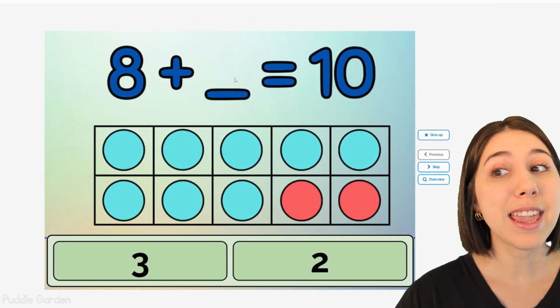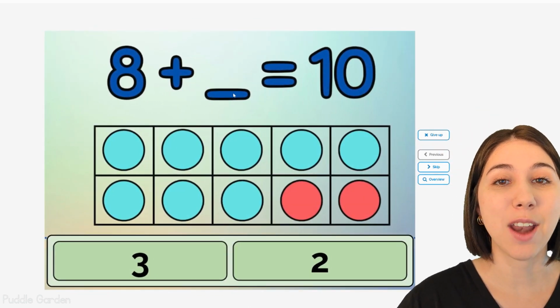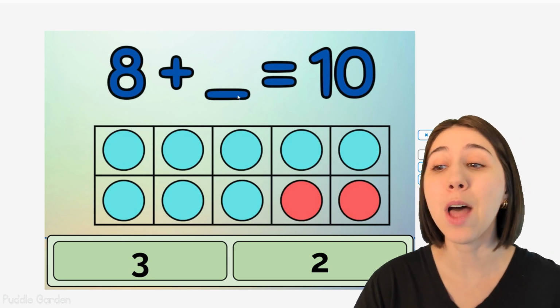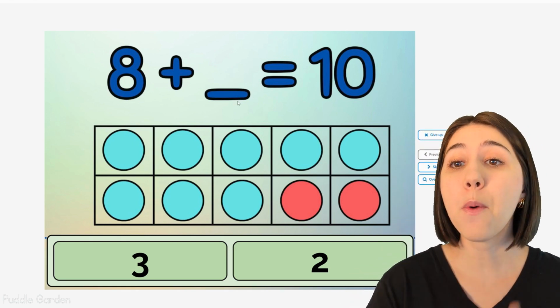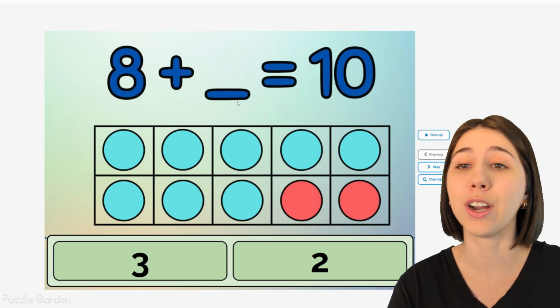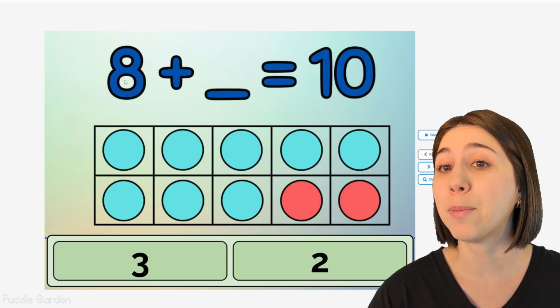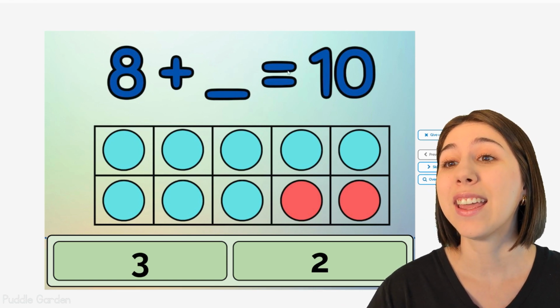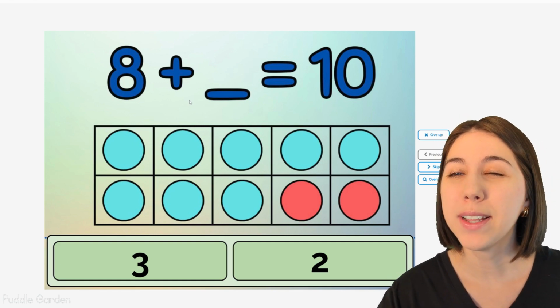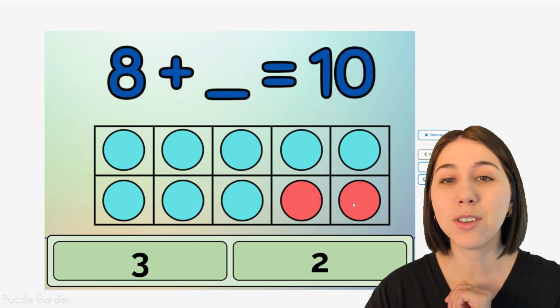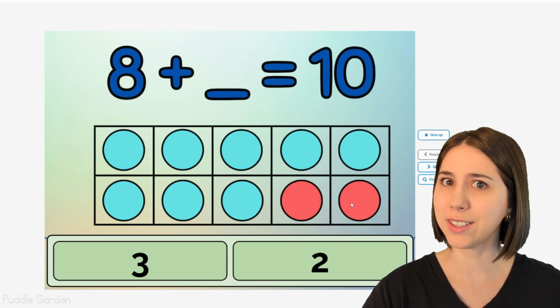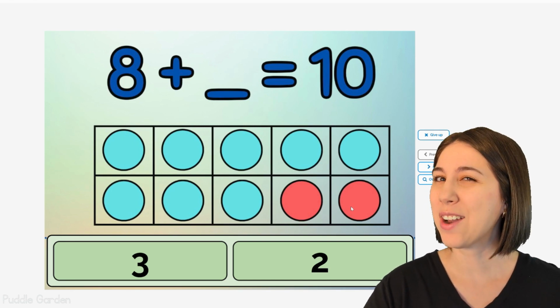8 plus blank equals 10. We're looking for our reds. How many reds do we have? We want to complete our equation. Our equation is what we have up here. Our 8 plus blank equals 10. What's our missing number? How many reds do we have? Can you hold it up on your fingers? Oh, we can hold up this answer.